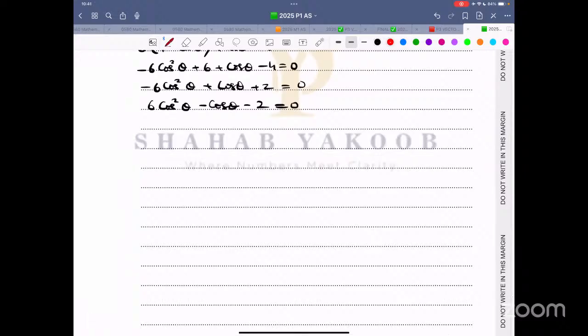So therefore, this is 6 cos square theta minus 4 cos theta plus 3 cos theta minus 2 equals 0. 2 cos theta plus 1, my bad. So this is 2 cos theta plus 1. This is minus 2, 2 cos theta plus 1 equals 0.